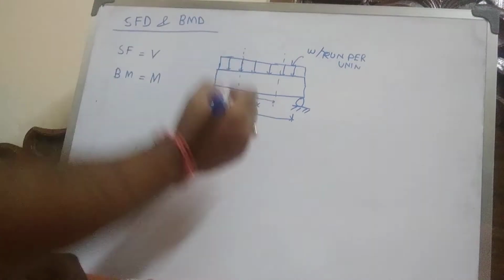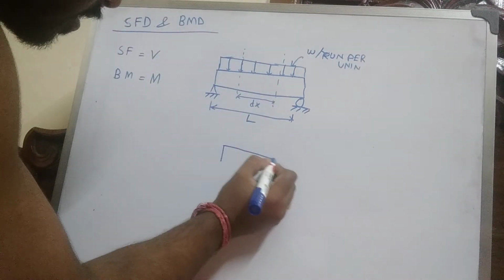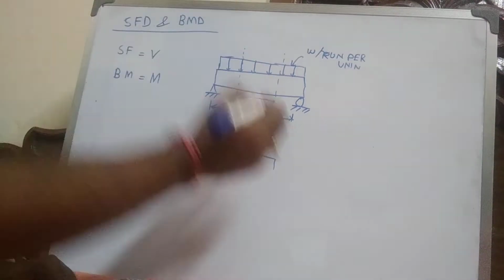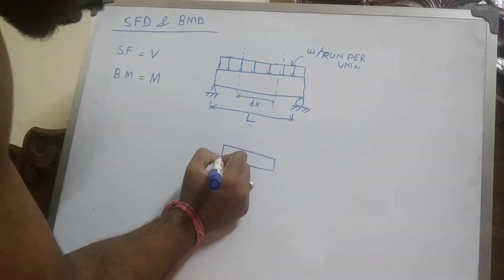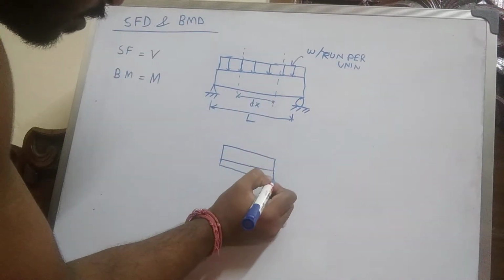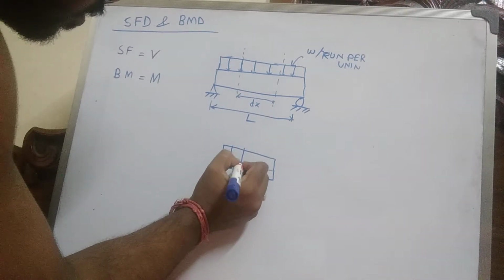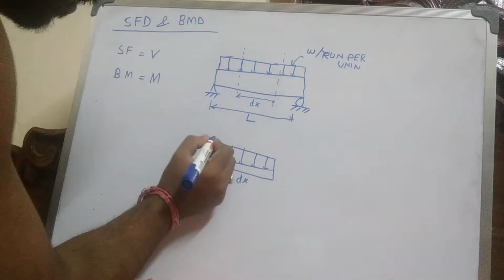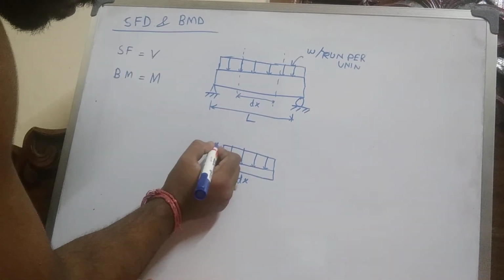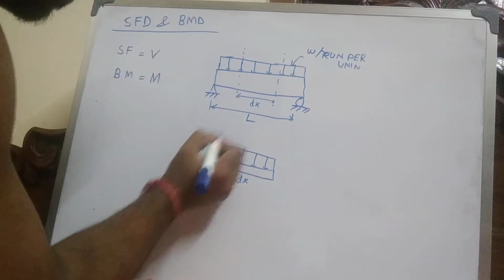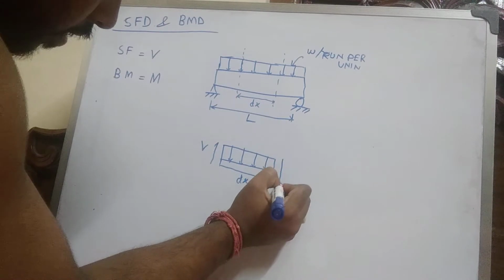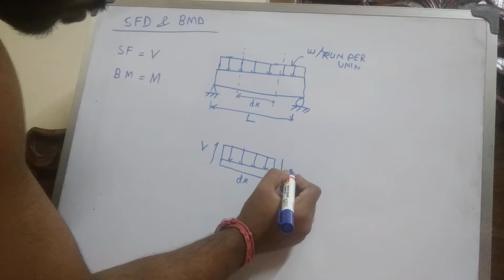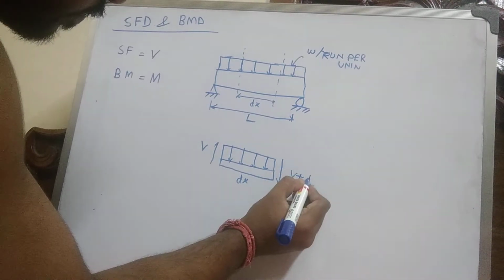Draw this dx portion. This is the beam, this is dx. This side shear force V, and on the other side downward V plus dV.